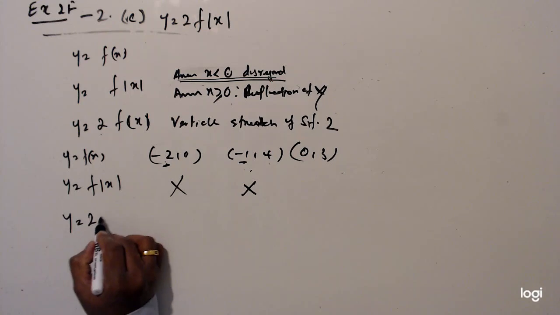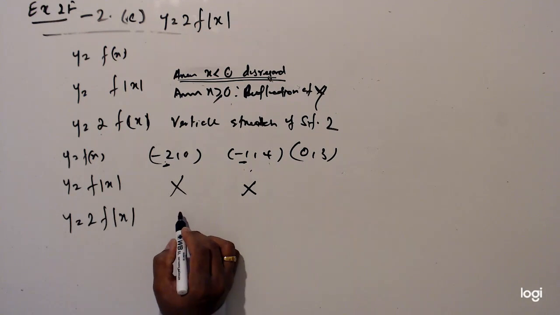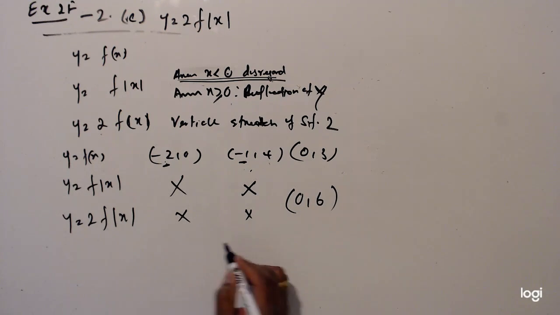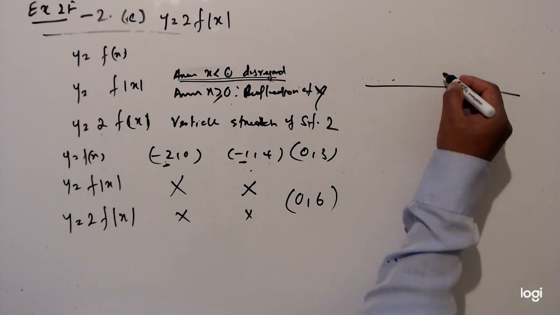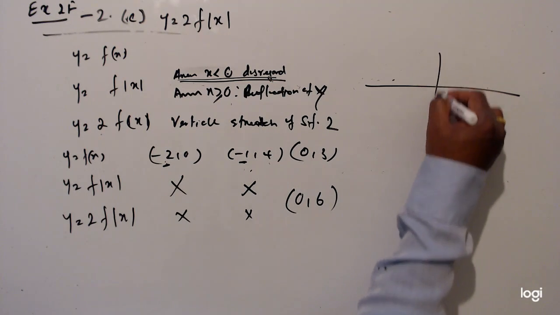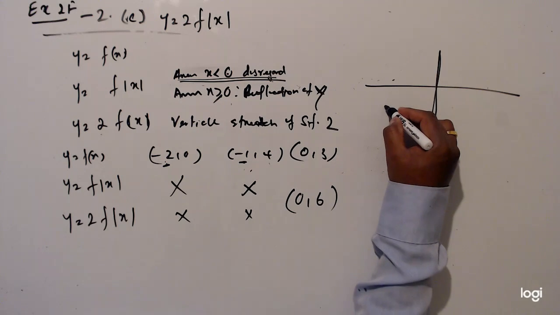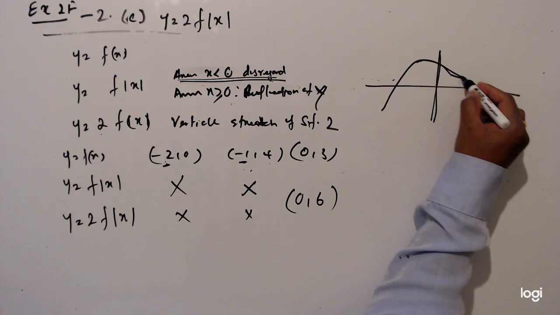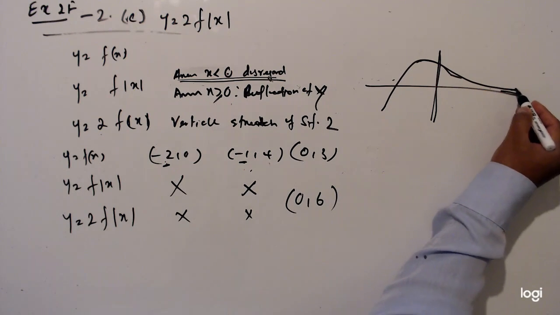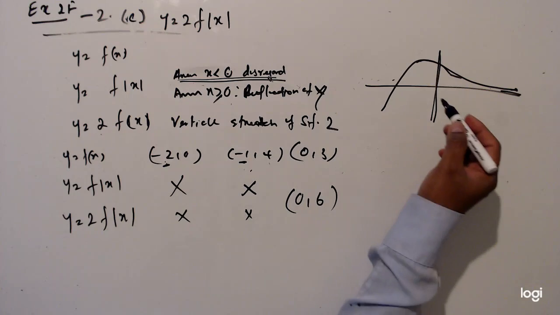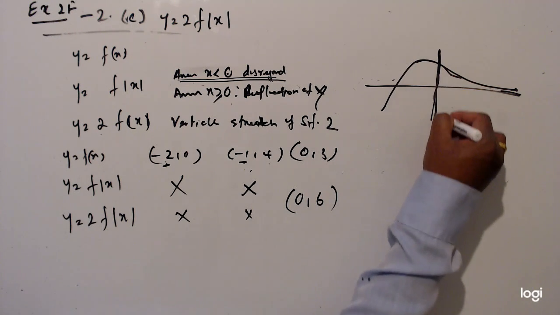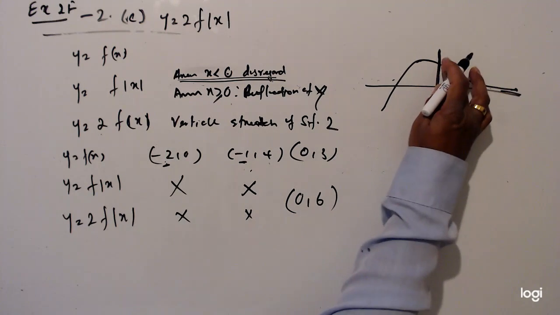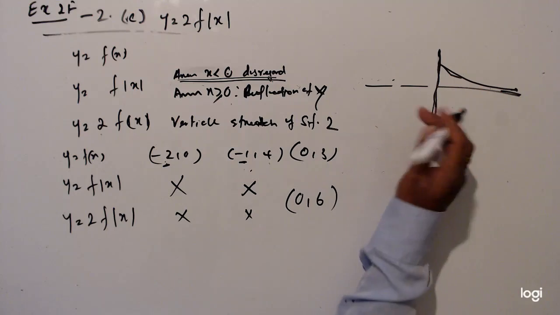Then y equals 2f(mod x). Disregard the left part. So this is 2 times 3, which is going to be 6. The original graph is this one. According to this, we have to disregard the area less than 0.